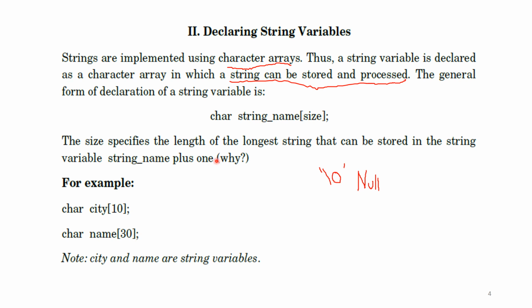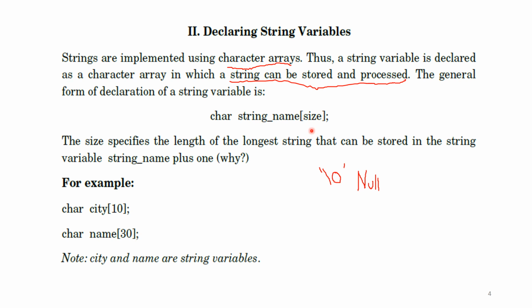The size specifies the length of the longest string that can be stored in the string variable. Here string name plus 1 is the size of the array. This size of the array should be one character longer than the string. This is to make extra room for the null character. You know, a string needs a character at the end to say the string is over, and that end character is called the null character.